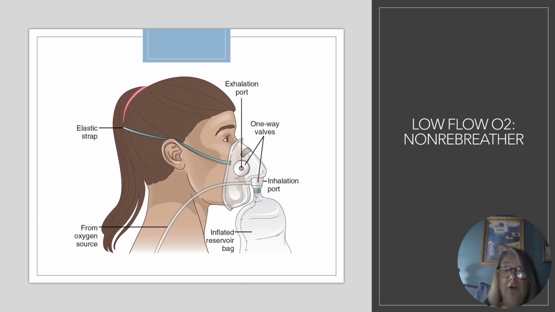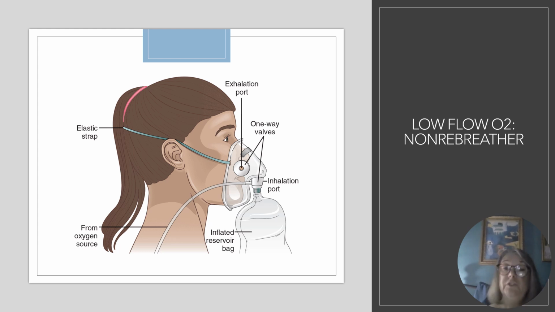Our problem all along with these O2 devices is that we have room air mixing in, we have exhaled CO2 mixing in, and so the actual O2 that our person is receiving is not as precise as we would like. This mask, the low flow O2 non-rebreather, offers a more precise O2 because it keeps that CO2 distinctly separate, and it keeps that room air distinctly separate.